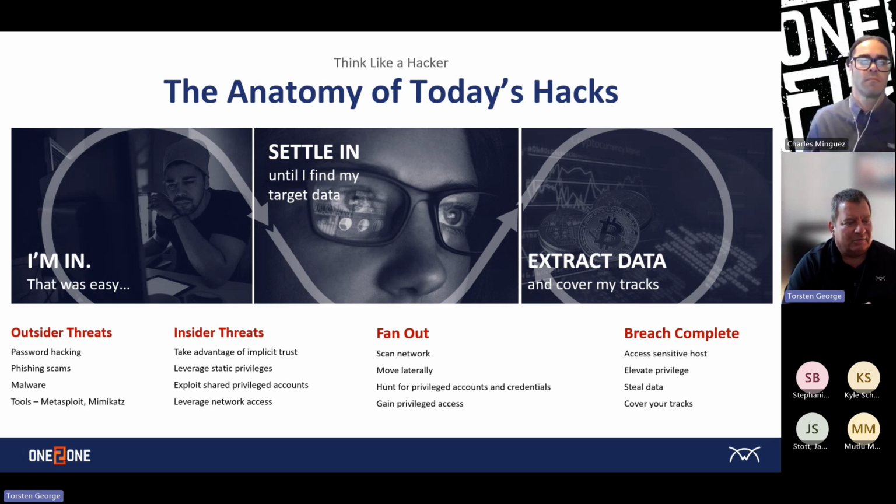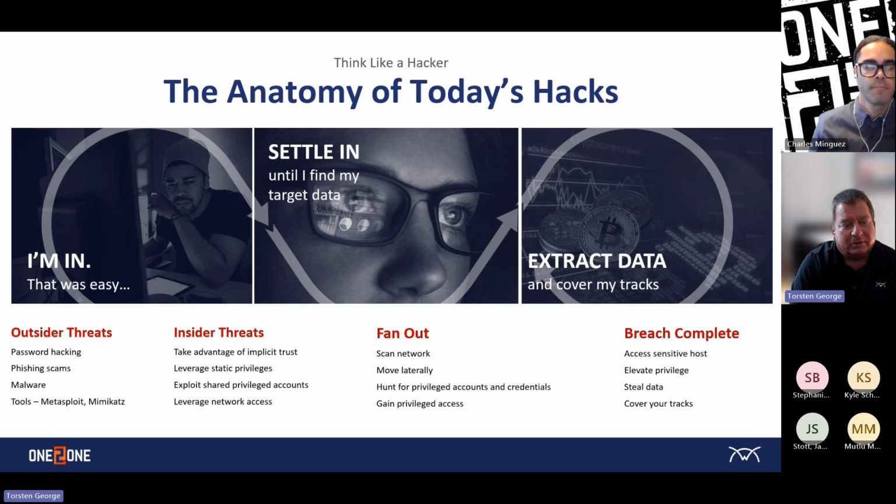Same with insider threats. If they have privileges, correct? And if these are standing privileges, that's a bad thing. You should have just-in-time privileges. Only when they need access should they get those access rights. And then typically once they're in, and that's normally done in 68% of the cases, the endpoint of the worker is the beachhead into the network.